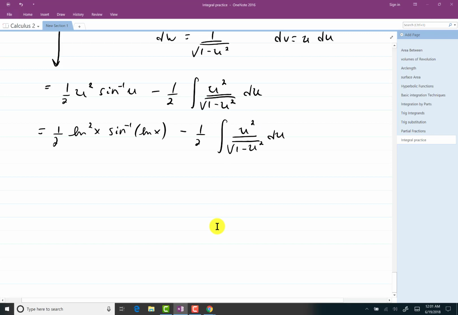Okay, so we'll do like I said. I'll let sine of theta equal u, and then cosine theta d theta equals du.